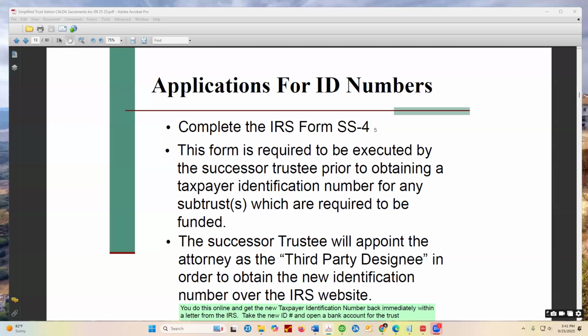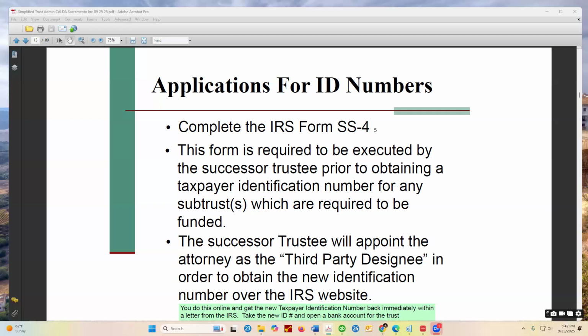But there are situations where the estate is going to have over $600 of income this year, so it needs to file a fiduciary income tax return, but the trust also has over $600 of income for the year.